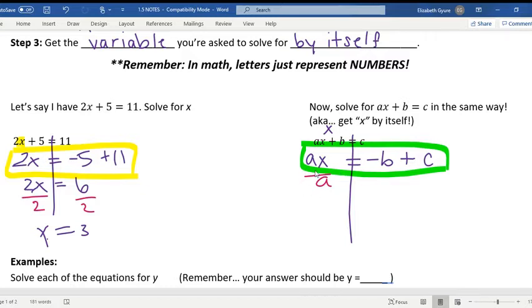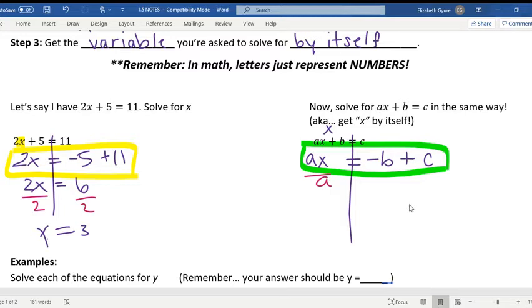So if I divide one side by a, don't I also have to divide the other side by a? Yes. If you divide one side by a, you have to divide the other side by a. Just like with a number, if you divide one side by 2, don't you have to divide the other side by 2? Yes. Except normally things are combined, right?